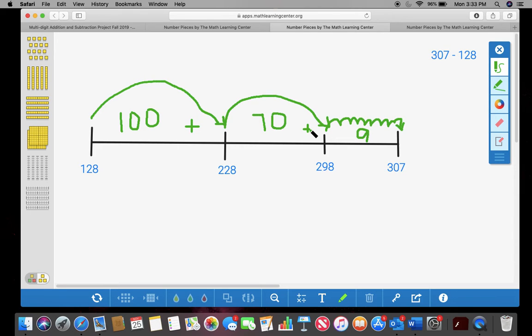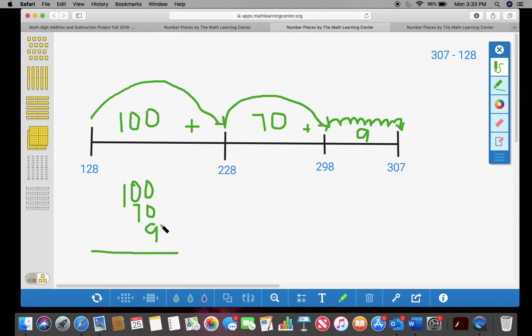The difference between 307 and 128 would be they would add 100 plus 70 plus 9. And when you add 100 plus 70 plus 9, we'll just write it over here real quick.